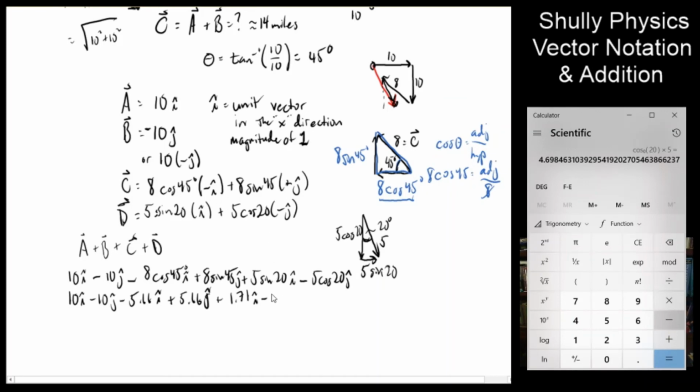So we got a 4.7j. All right, now we're going to combine all those like terms. We've got a 10i minus 5.66 and plus 1.71. Let's just tally that up here: 6.05i.